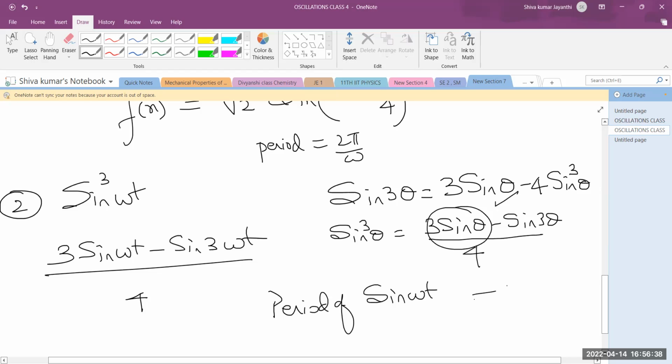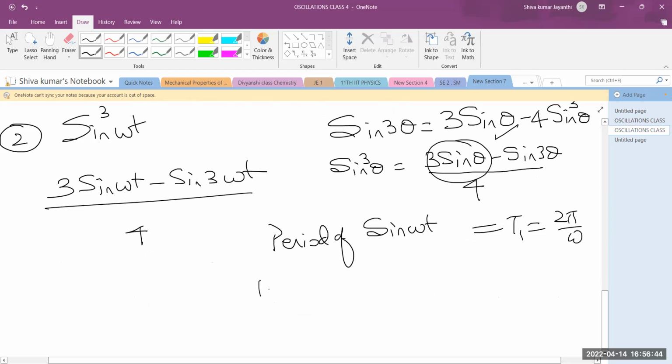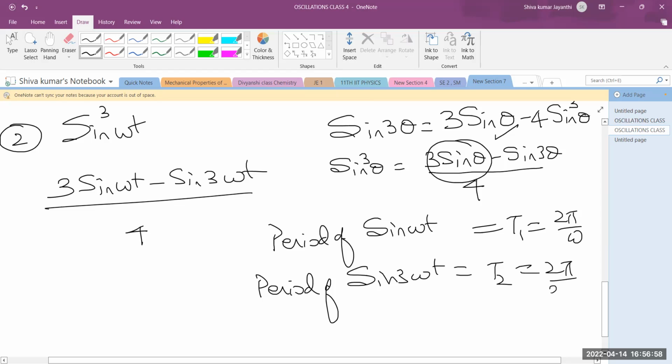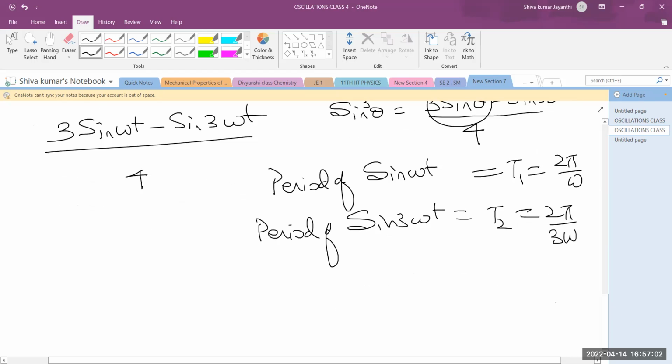We know T1 is equal to 2 pi by omega. We did this earlier. Similarly, what is the period of sine 3 omega t? It is the same as what I told you, T2 is 2 pi by, instead of omega, you put 3 omega. That's all. So both have different periods: 2 pi by omega and 2 pi by 3 omega.